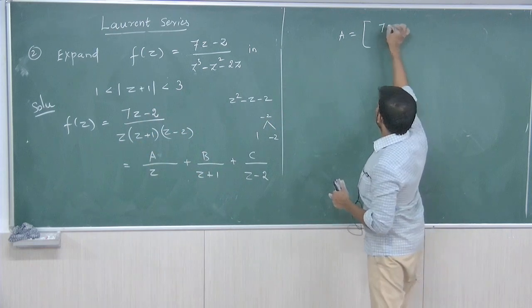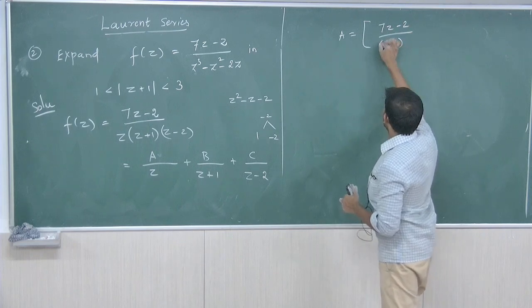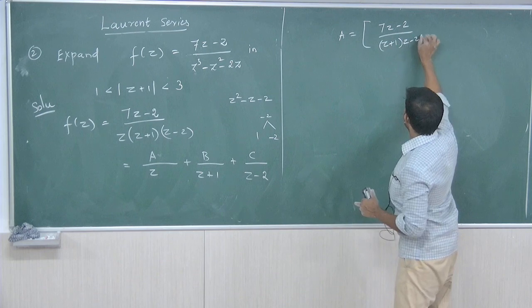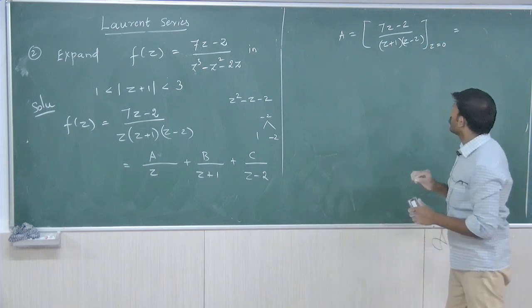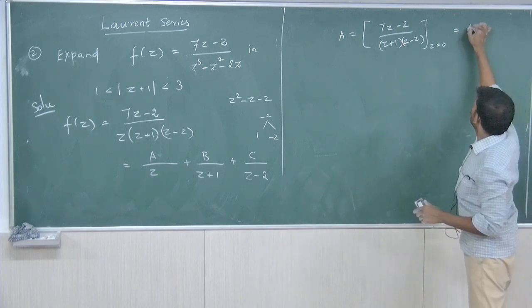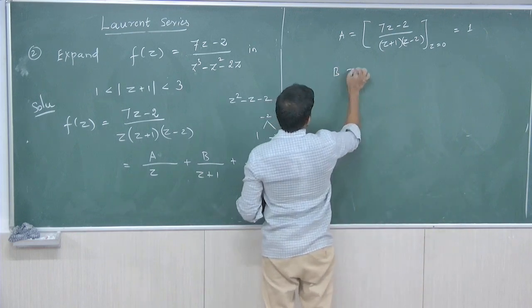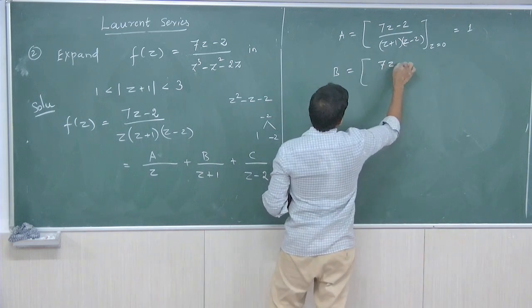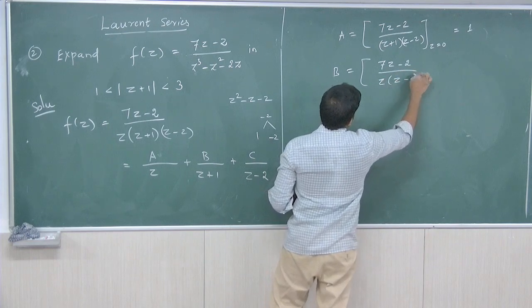So 7z minus 2 over z plus 1 into z minus 2. If you substitute z equal to 0, you get 1. Similarly, you can find B equal to 7z minus 2 over z into z minus 2.